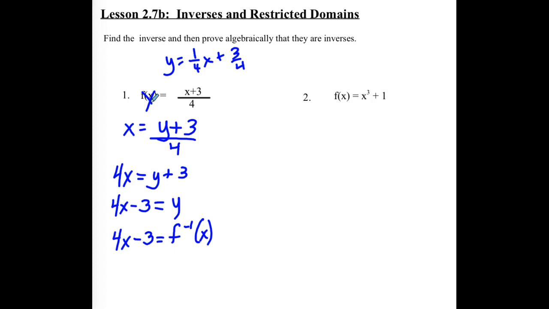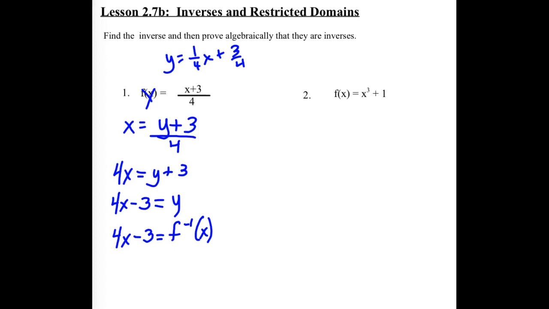It's still a slanted line, has a slope of 1/4. It would pass a vertical line test, which tells me it's a function. And it also passes what? The horizontal line test. Because it passes a horizontal line test, it tells me that the inverse one will pass a vertical test. Okay? So we do know right away that it is a function.